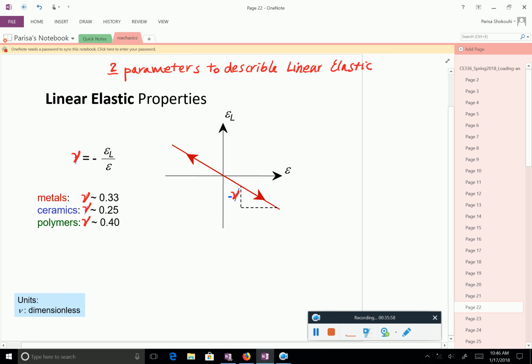The definition of Poisson's ratio you've seen also most likely before is if you are stretching material in one direction, in the other direction it's going to contract. So if you divide the strain in one direction by the strain in the other direction, the ratio is defined as Poisson's ratio. Here you are looking at lateral strain versus, let's say, axial strain.